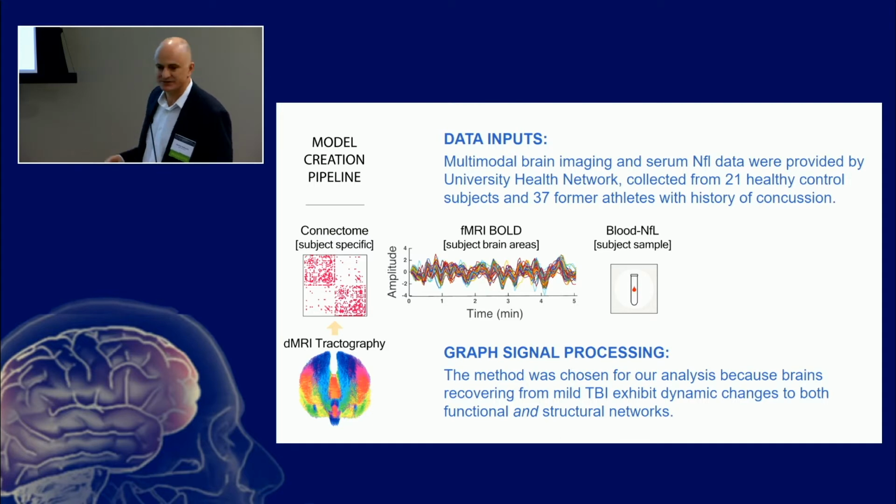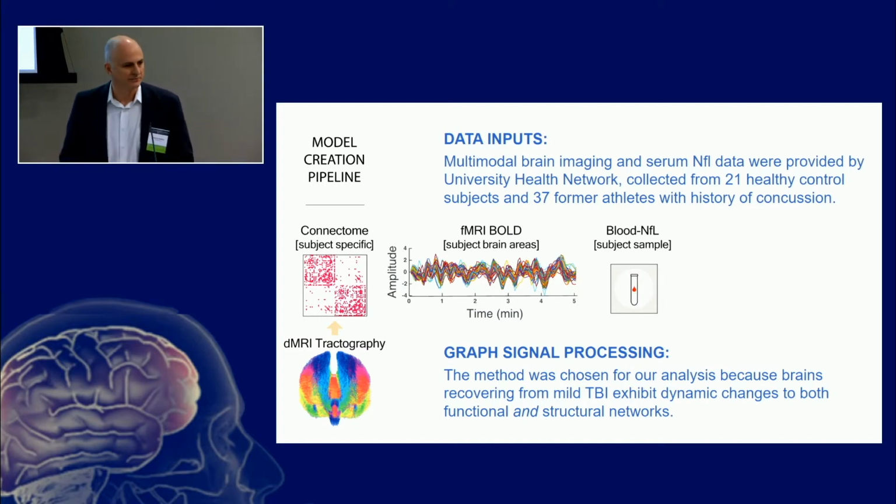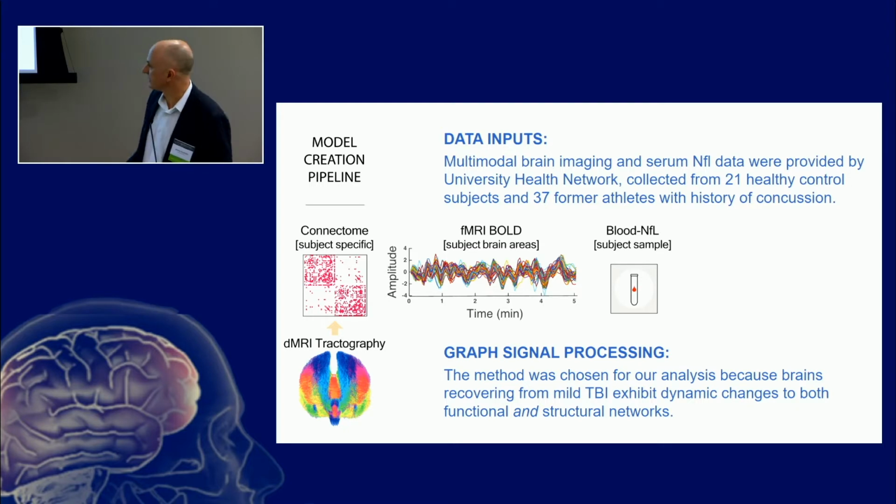These are fluctuations in each of these brain areas in basically metabolic activity and neuronal activity. And we also used serum NFL levels from these same patients and healthy controls. These were all shared by the lab of Carmela Tartaglia and the University Health Network. We had 21 healthy control subjects and 37 former athletes.